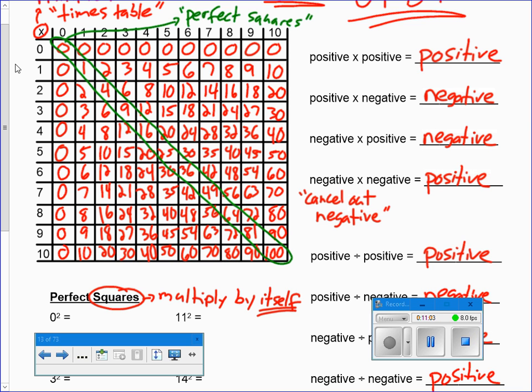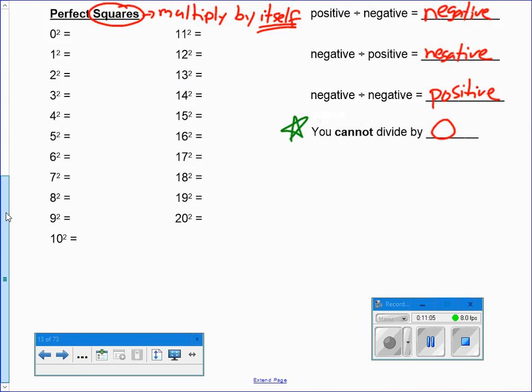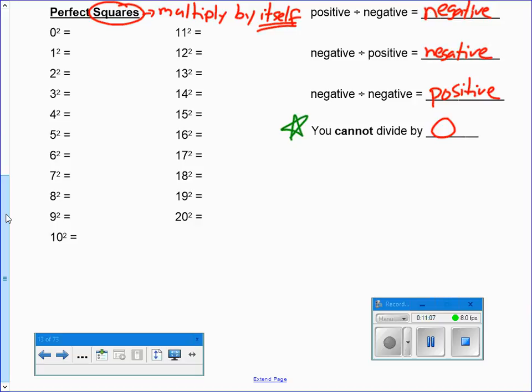On your calculator sheet, you don't have to circle that because you'll have the perfect squares listed right down here. After that, we're also going to talk about the opposite, which is square roots. So first we're going to do the perfect squares.